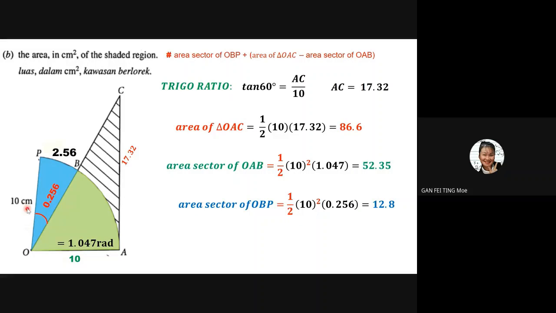Half r squared times the angle in radian. So 12.8. So dah dapat ketiga-tiga, what you do? Sub dia ke dalam what you have planned just now. Area of shaded region 12.8 plus this one 86.6, which is your triangle, and minus the sector. So press this calculator, you will get this as your final answer. Do you get it right?